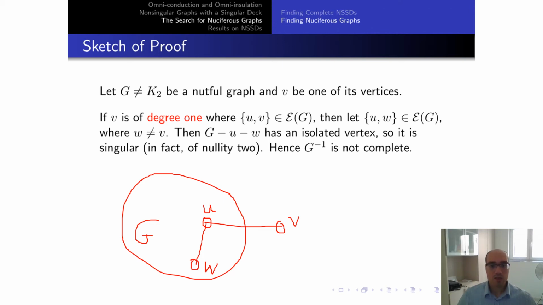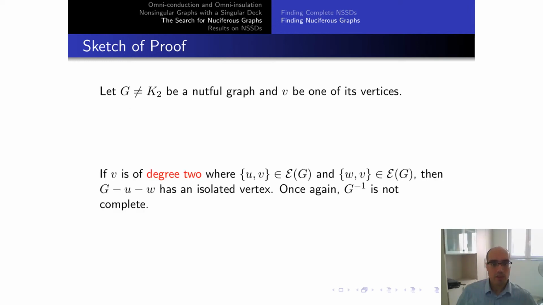Now, suppose we delete vertices U and W from G. The resulting graph G minus U minus W will have this part here, and then it will also have this isolated vertex. This means that G minus U minus W cannot have nullity 0, so it must be of nullity 2. But when that is the case, the inverse will have a non-edge between U and W, which means that the inverse is not complete, and hence the original NSSD G is not NUT full.